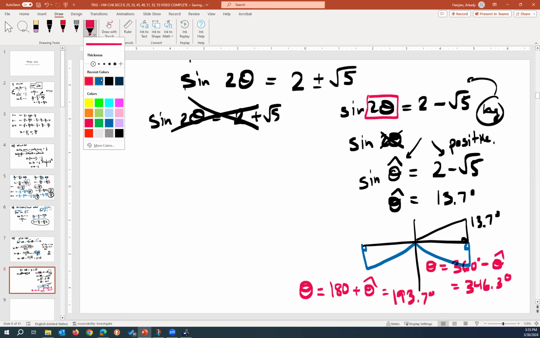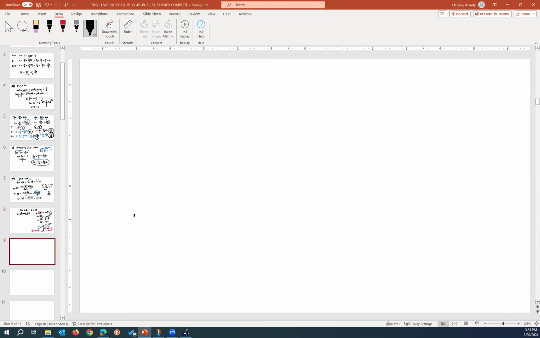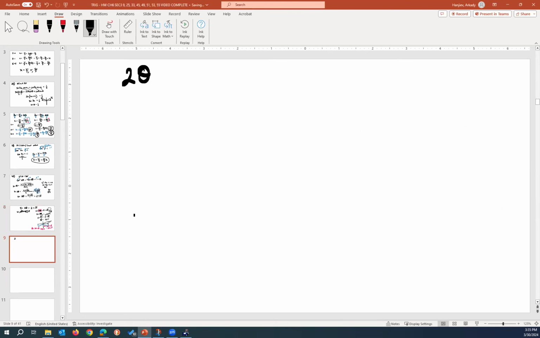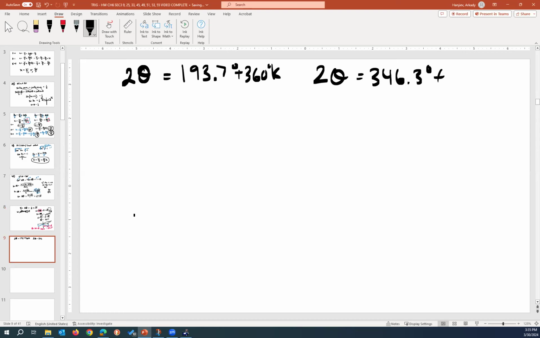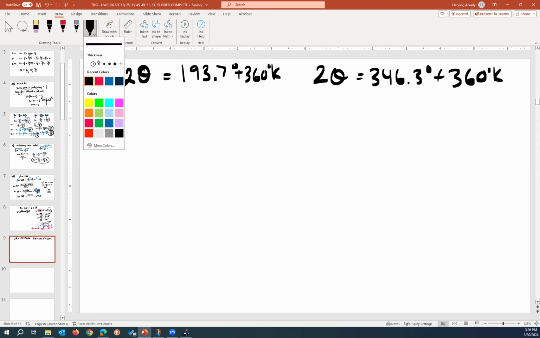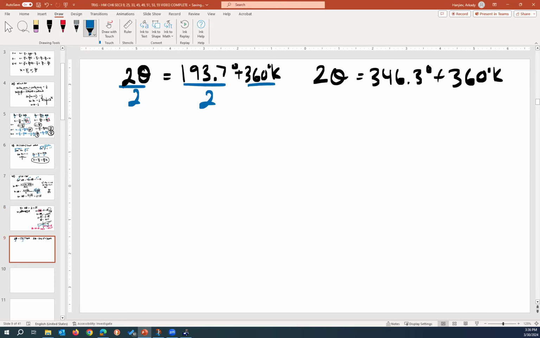So technically 2 theta is equal to 193.7 degrees plus 360K, and 2 theta is equal to 346.3 degrees plus 360K. Man, this is a long one. Okay, divide by 2, divide by 2, divide by 2. And finally we get to theta.